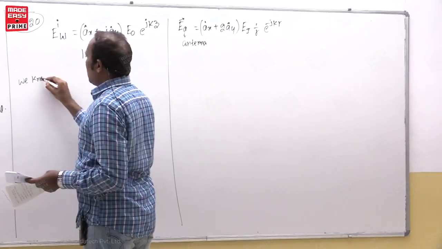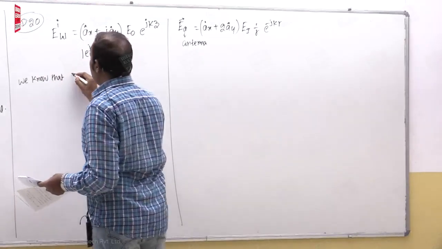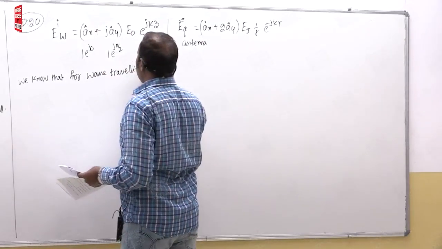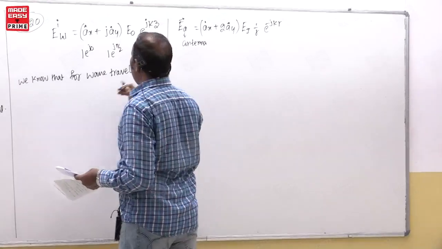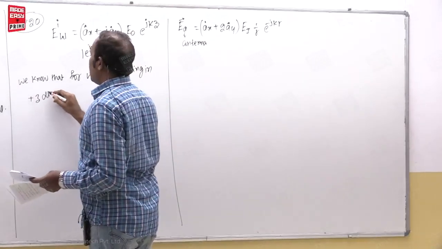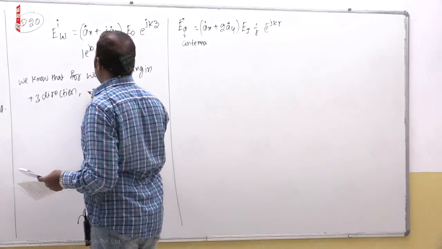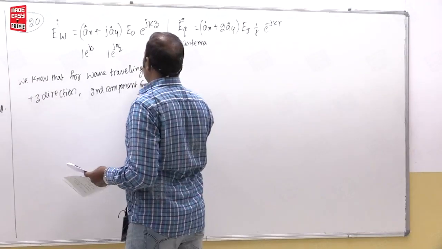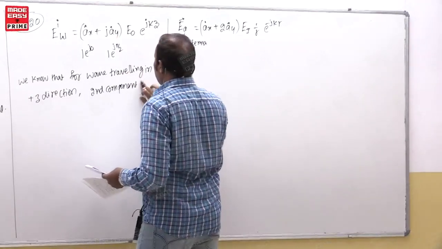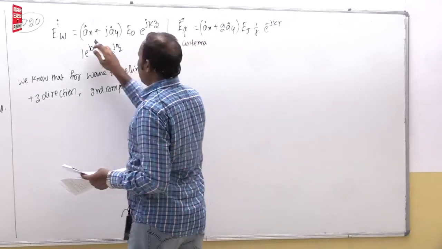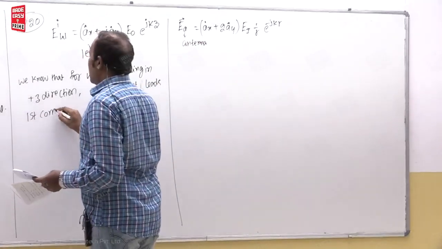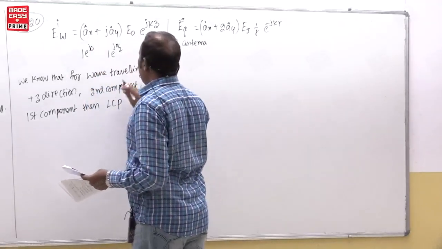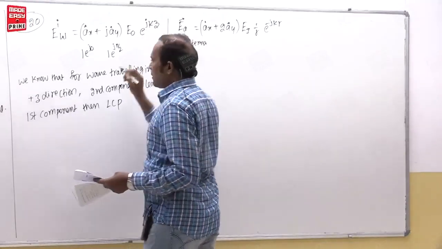So we know that for a wave traveling in the plus z direction, if the second component, that is the y component, leads the first component, then it is LCP, we have studied. But here the wave is traveling in the minus z direction, no?